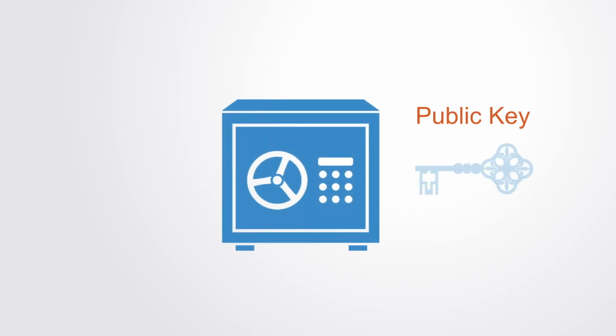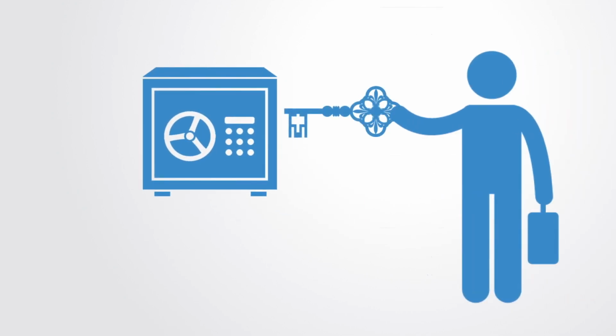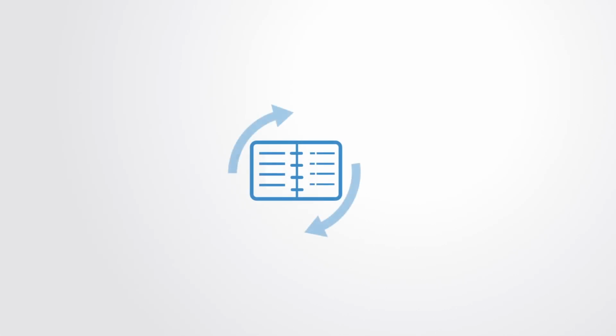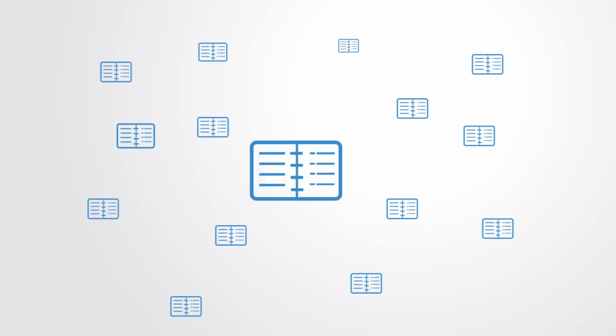All the information on the ledger is securely and accurately stored using cryptography and can be accessed using keys and cryptographic signatures. Any changes or additions made to the ledger are reflected and copied to all participants in a matter of seconds or minutes.